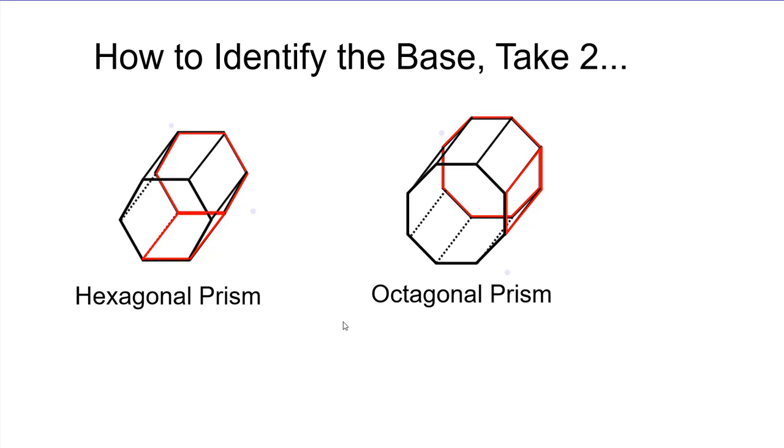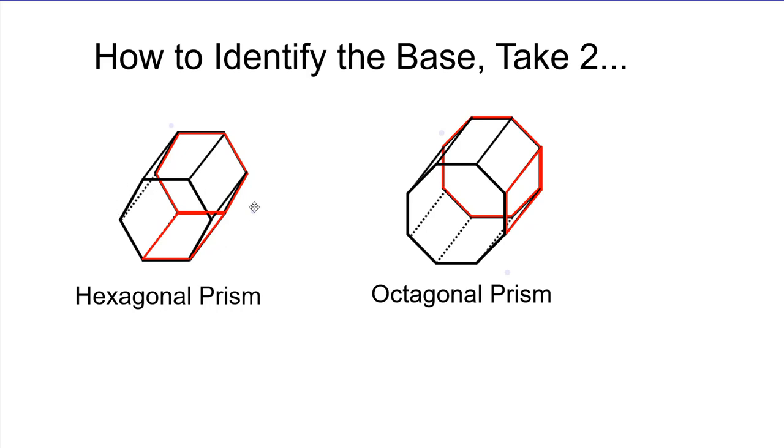So how do we identify the base? The new way, the proper way, I believe, take two, is that we know the lateral faces of a polyhedron will always be rectangles. So the two bases are going to be connected by straight lines that will form rectangles, going all the way around.